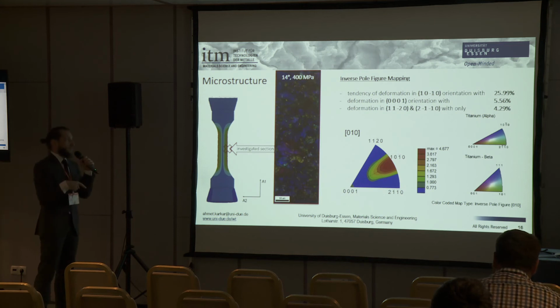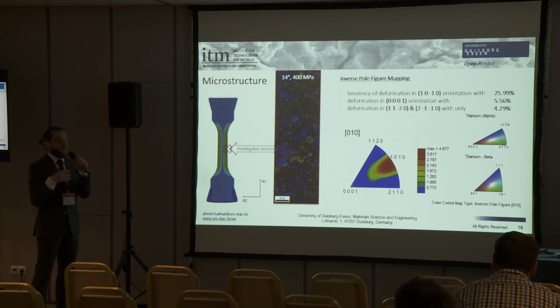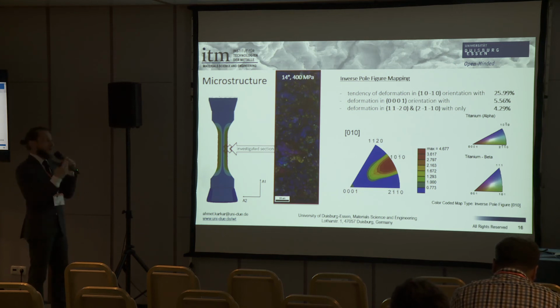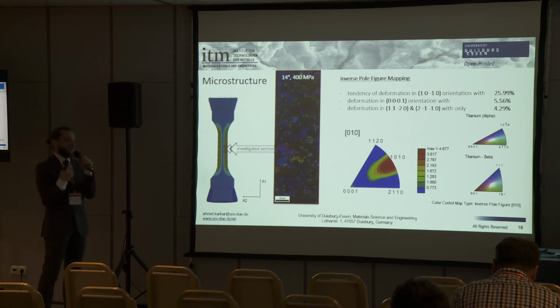When we look inside the microstructure, we can see that the grains tend to deform in the 10-10 orientation. The 10-10 orientation is represented by 25.99%. All other directions are comparatively poorly represented.